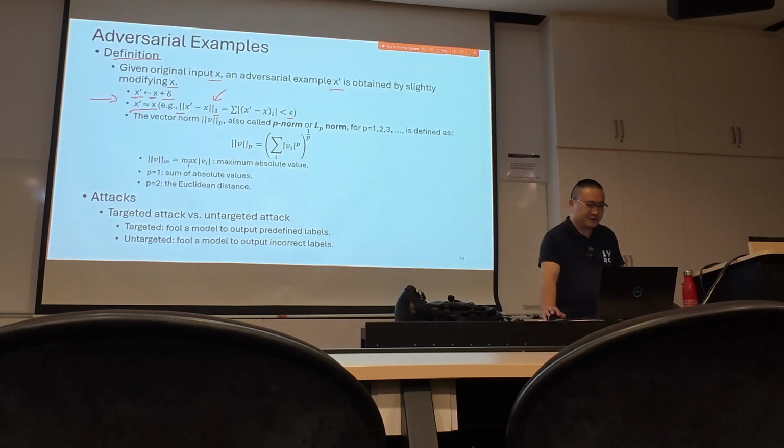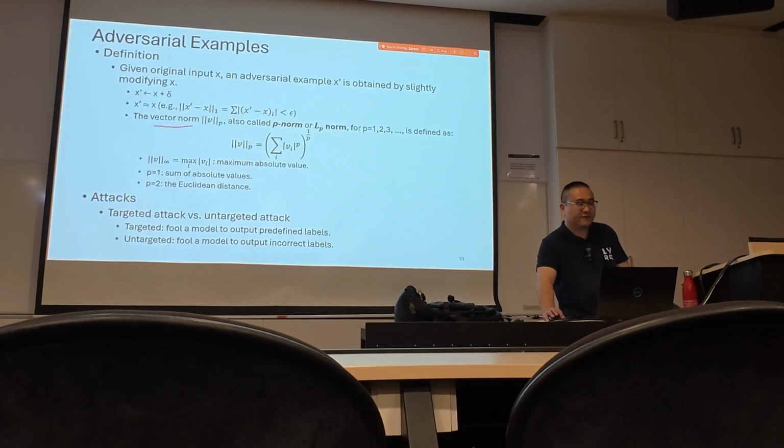And here we have the definition of the vector norm, or the Lp norm. We just saw an example of the L1 norm, and by definition, we have the vector norm. For the vector norm, we have double vertical bars here, and then a small p, and p denotes which norm we are referring to. We have the L1 norm, L2 norm, etc. This is called the p norm or Lp norm.